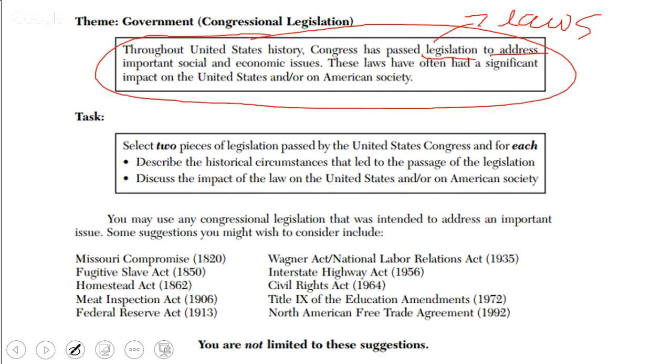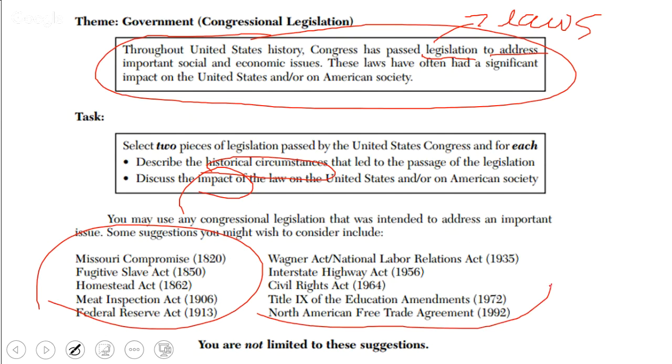These laws have often had a significant impact on the U.S. or on American society. And again, they're going to ask you to describe the background and also the impact, right? And you can see here, they give you a lot of advice. So again, you will pick two laws that influenced the United States.